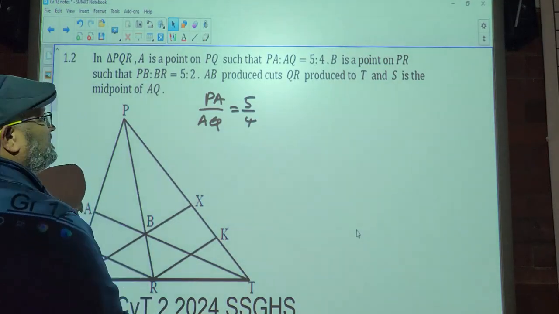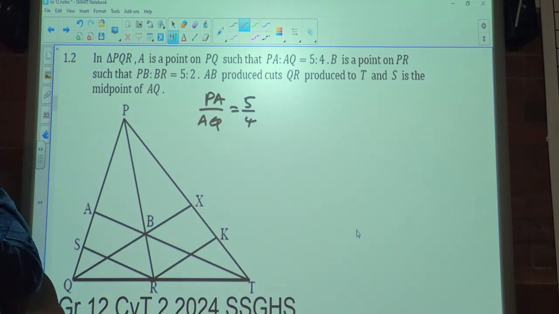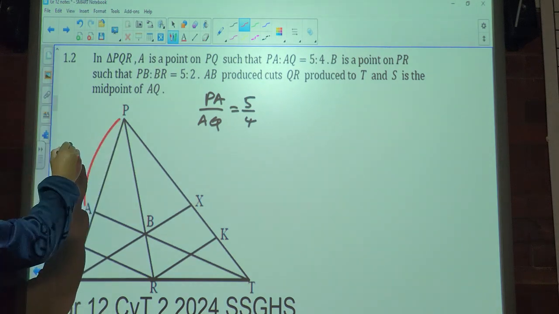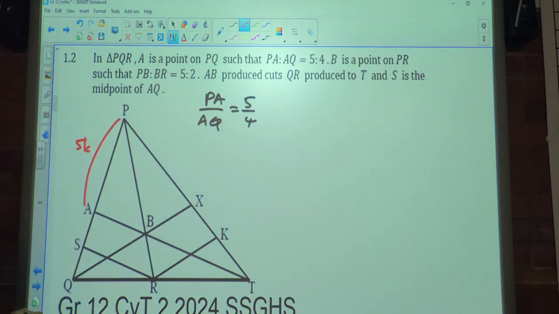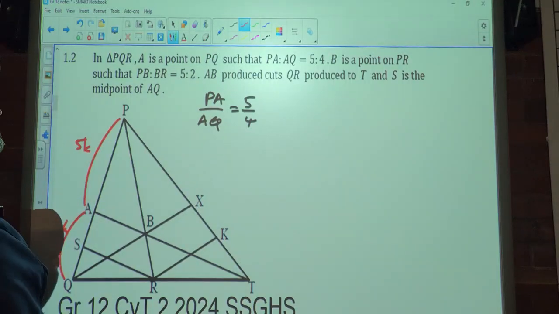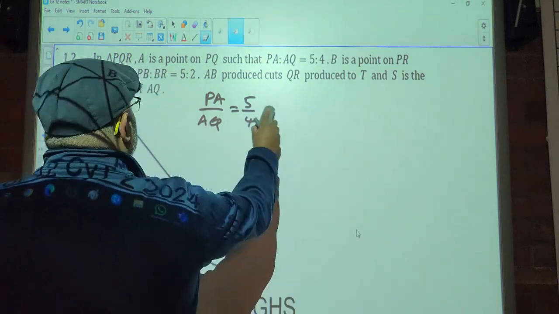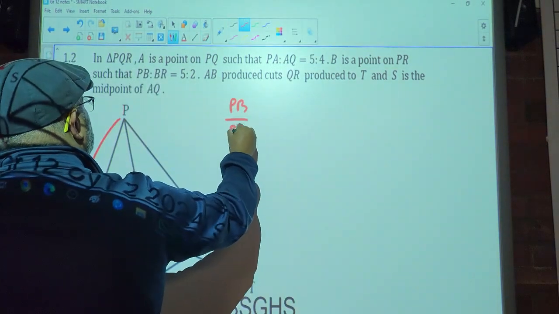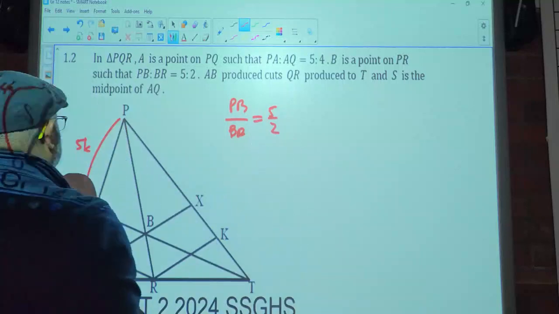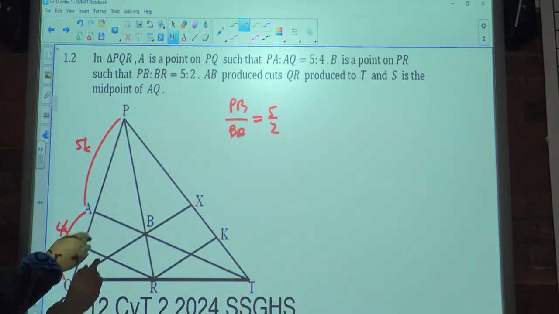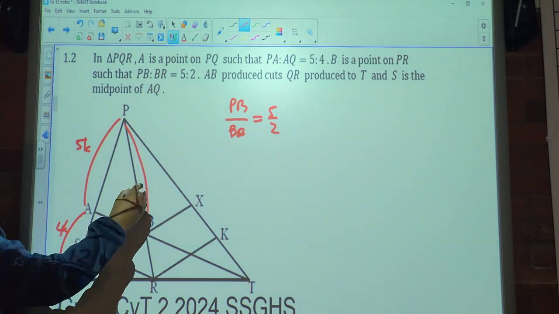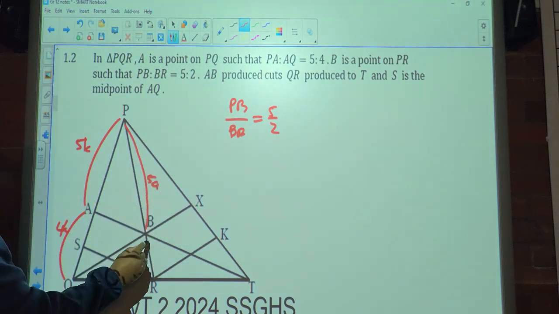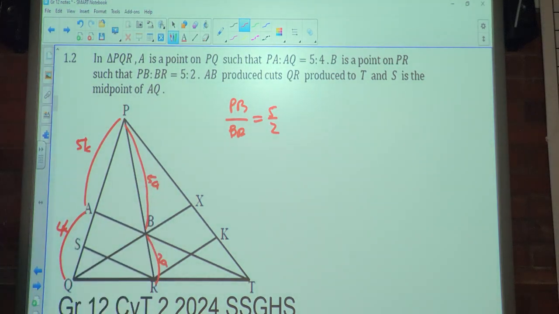So what we do is just fill that in. PA is 5K and AQ is 4K. Then we are told that B is a point on PR such that PB over BR is equal to 5 over 2. So PB is 5A, BR is 2A.